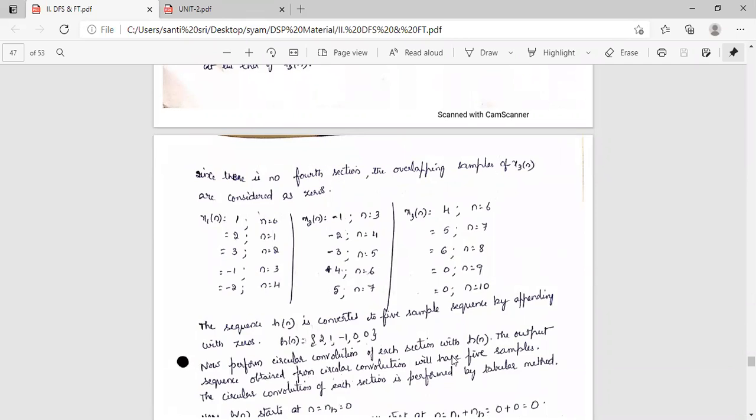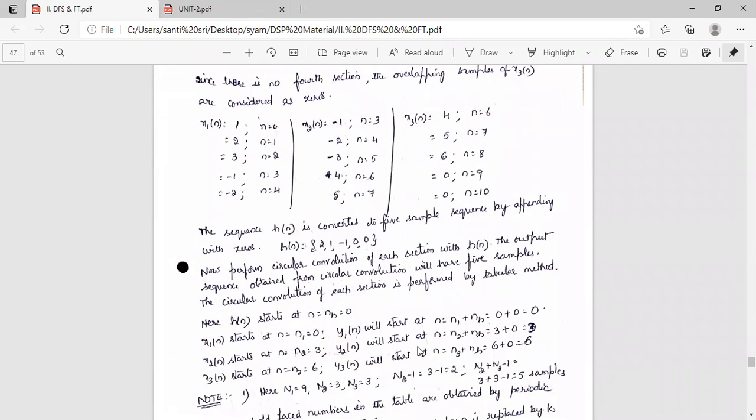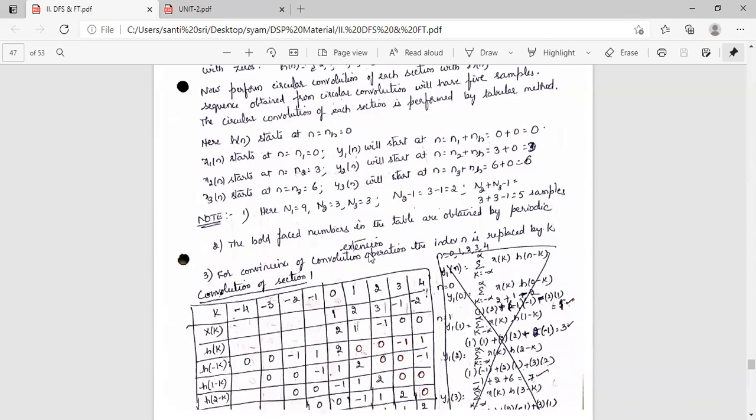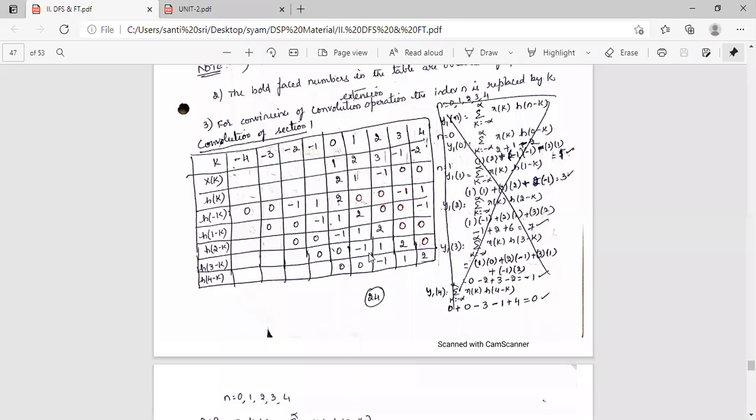Zeros will be appended, and doing the same here also 2 zeros will be appended here. So in the same manner we will do the convolution for section 1, section 2, and section 3. Okay.